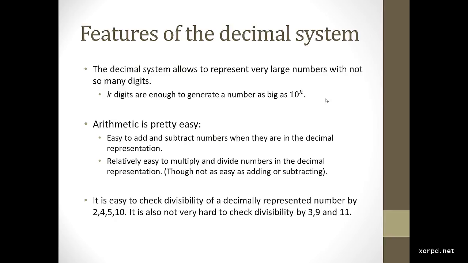As I mentioned before, it is also pretty easy to check divisibility in the decimal system, especially by some special numbers, for example 2, 4, 5, and 10. And maybe a bit more difficult, but also possible, to check divisibility by 3, 9, and 11.